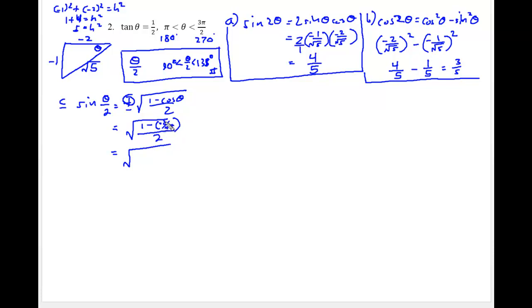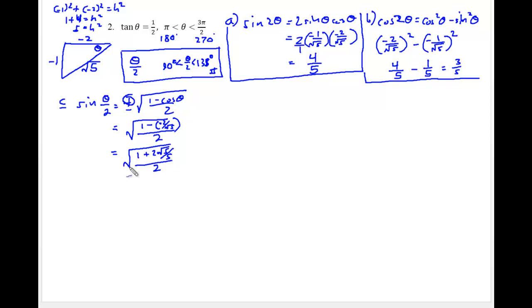Some people decide to rationalize the denominator right now, and that would give me 1 plus 2 square root of 5 over 5, all divided by 2. The trick of how this happened is the two negatives made a positive, and I had 2 over square root of 5, so I multiply top and bottom by square root of 5 over square root of 5. I get 2 square roots of 5 over 5.